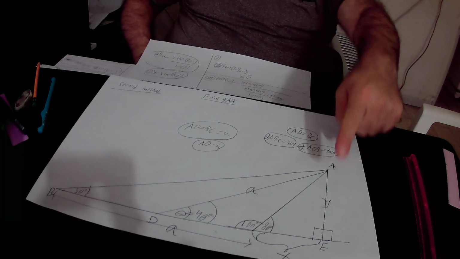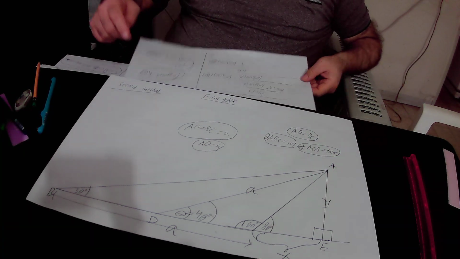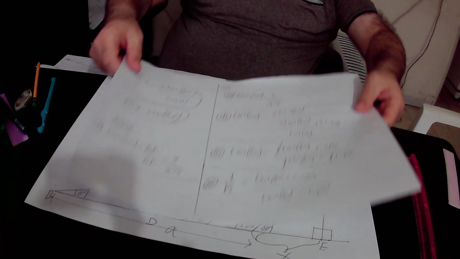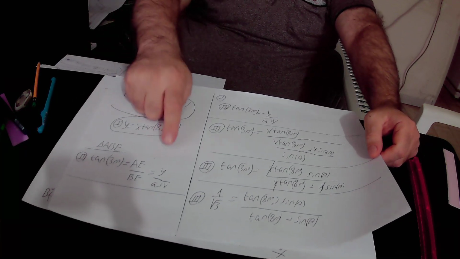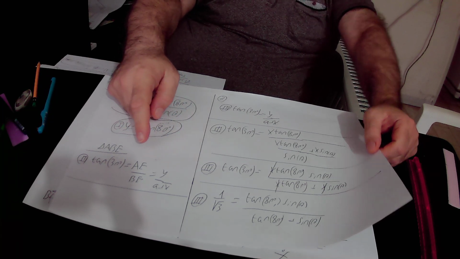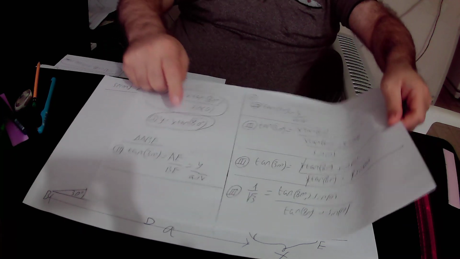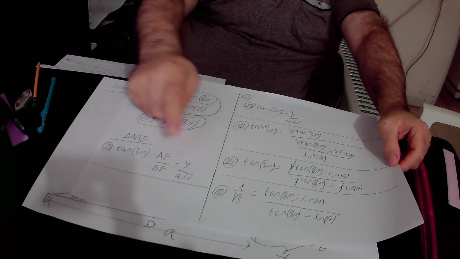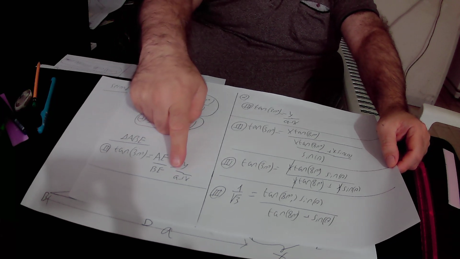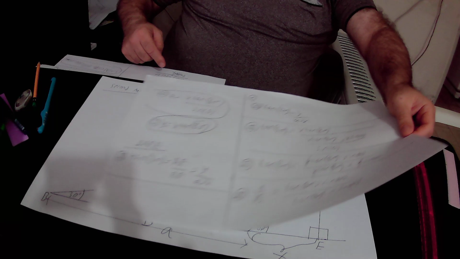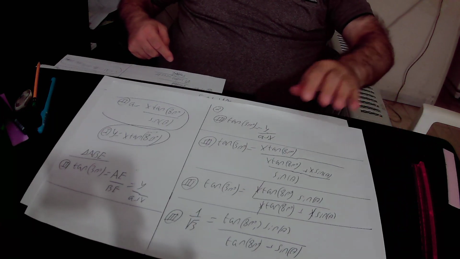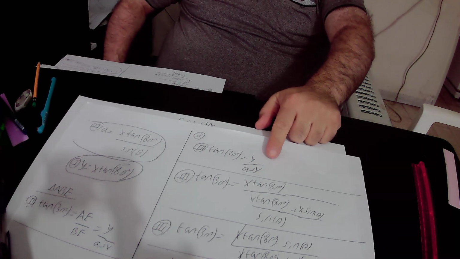But AE equals Y according to our definition, and BE equals A plus X. So tangent 30 degrees equals Y over A plus X. We found that tangent 30 degrees equals Y over A plus X.